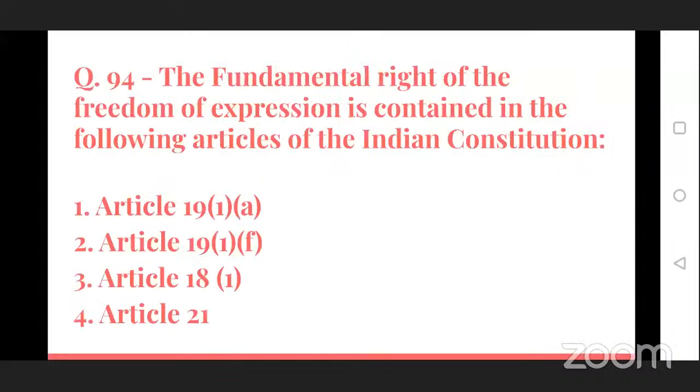Now, next question is, the fundamental right of freedom of expression is coined in the following article in Indian Constitution, that is Article 19 subclause 1A, Article 19(1)(f), Article 18(1), or Article 21. So the correct option is option number 1, that is Article 19(1)(a).